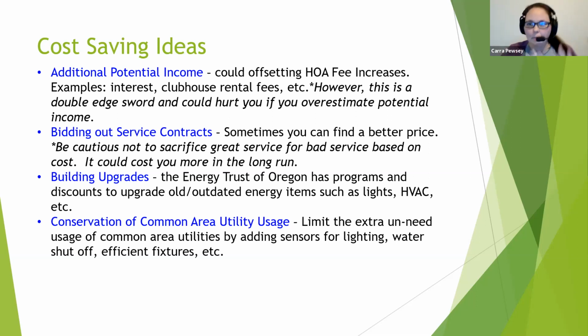PGE has an entire package of reduced wattage light bulbs that you can get so that you can save electric and things like that. So that's another cost savings idea, replacing in-unit components that are paid for by the association.